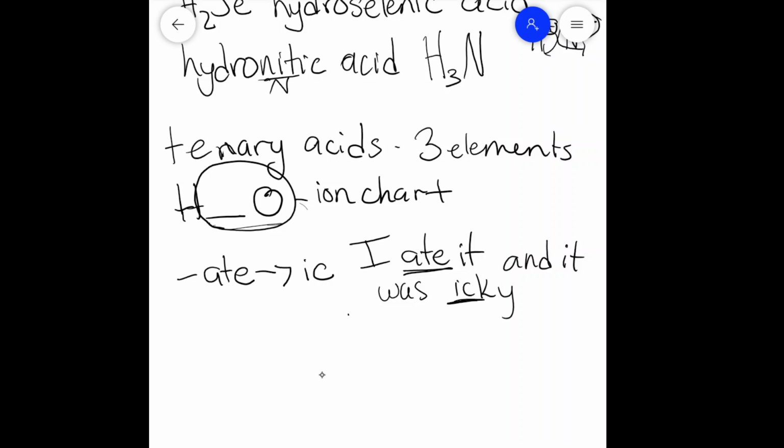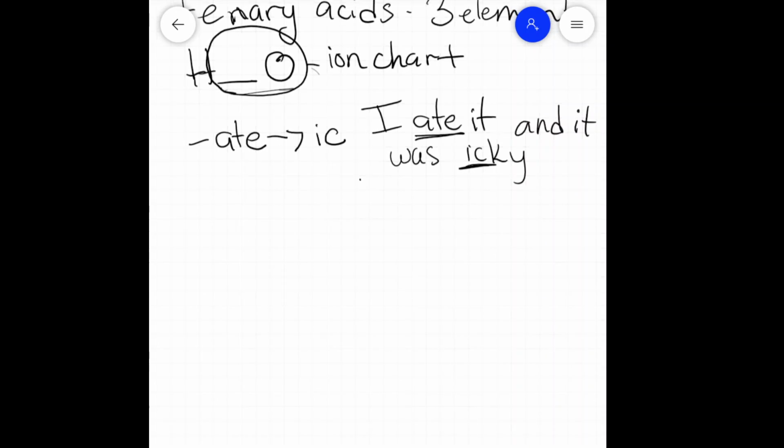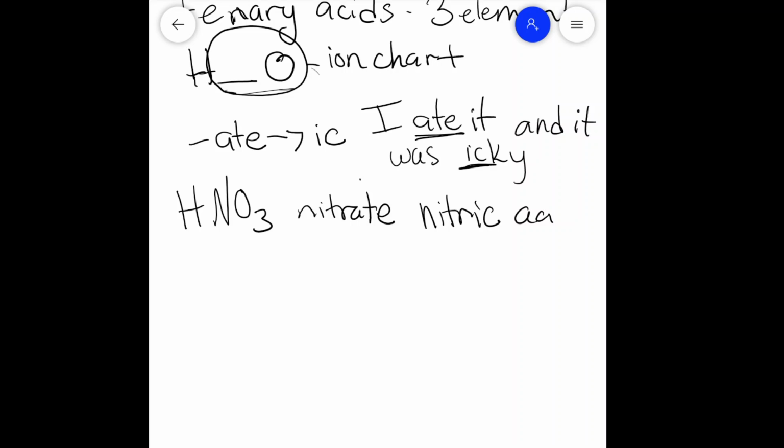An example, so let's do NO3. So NO3 is nitrate. So when we name this acid, we don't name the hydrogen, we just change it to nitric acid. This ate becomes ic, and that's the name of it.